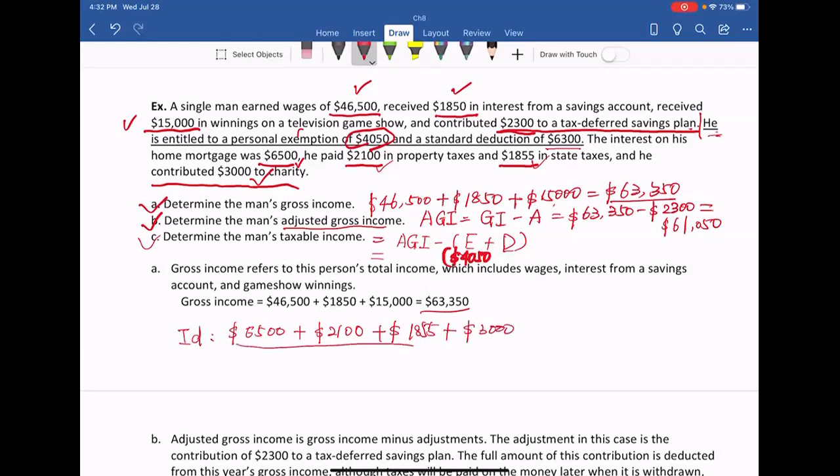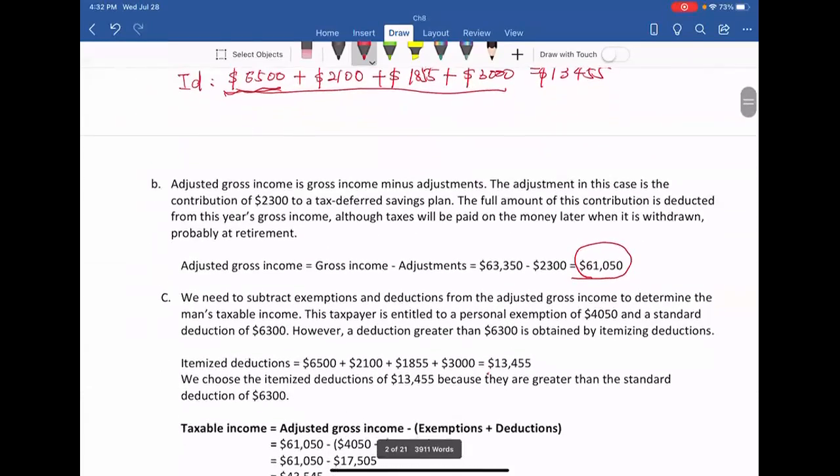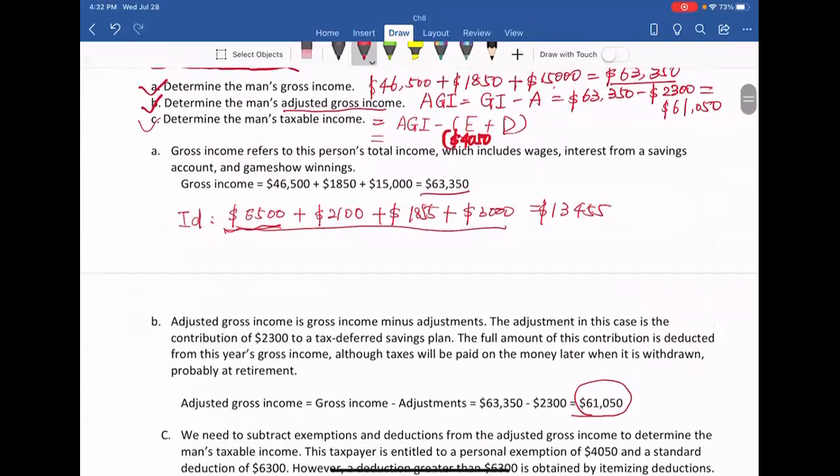So this amount of money must be greater than the standard deduction because this item is more than 6,300. So the answer of this part should be $13,455. Let's see. Yeah, that is.